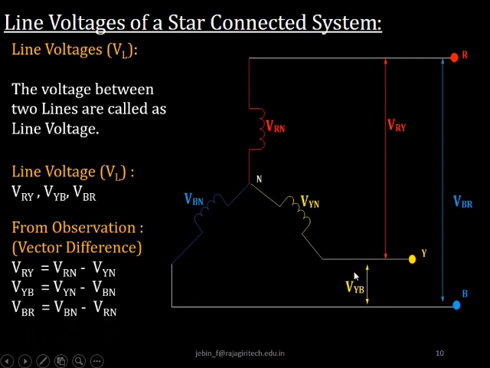Similarly, VYB is a vectorial difference between the phase voltages of Y phase and B phase. Now similarly, my VBR, which is nothing but the line voltage, is a vectorial difference of phase voltages of B and R respectively.